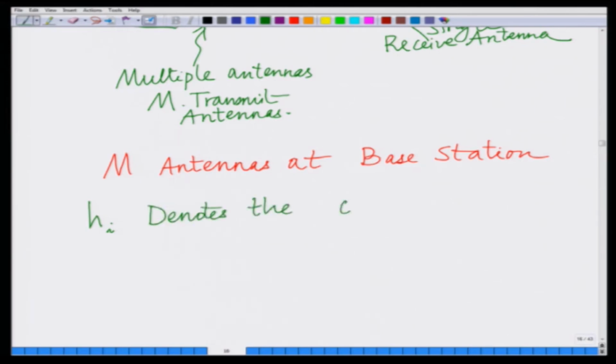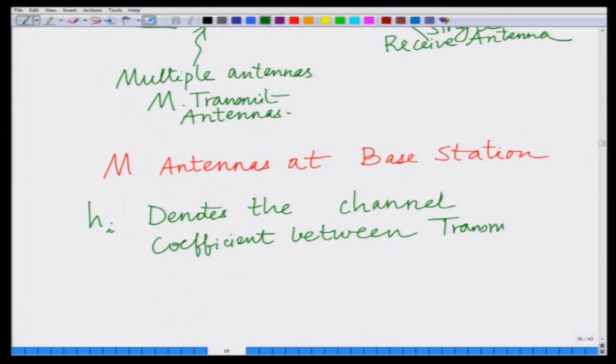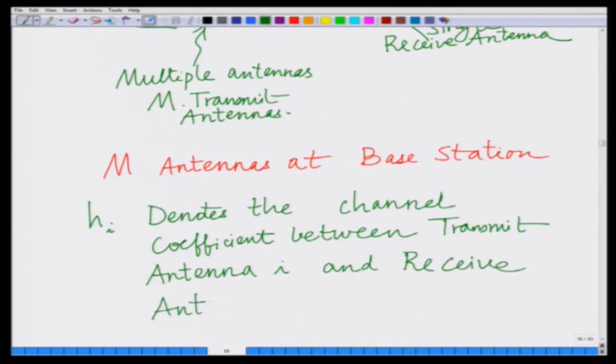the channel coefficient between transmit antenna i and the receive antenna, that is the channel coefficient.